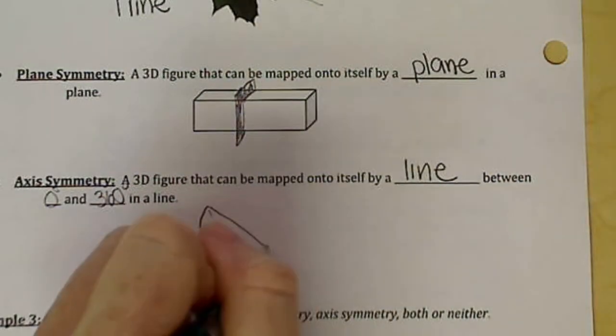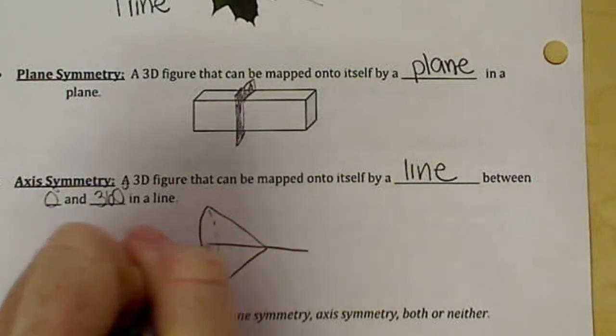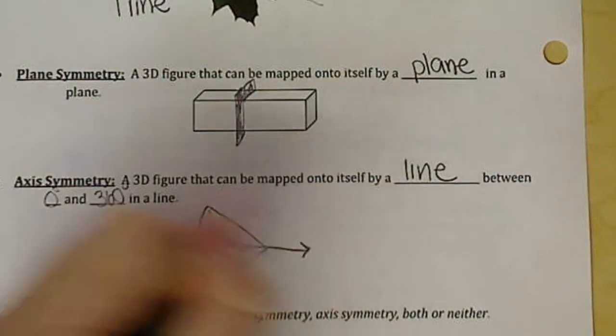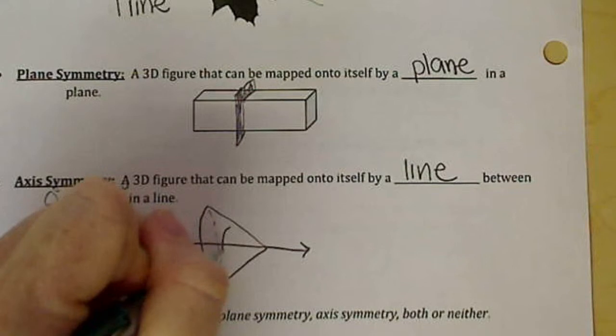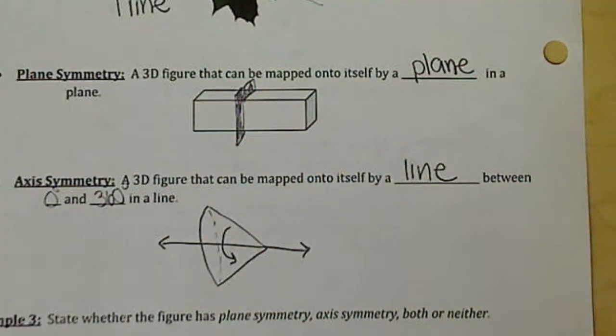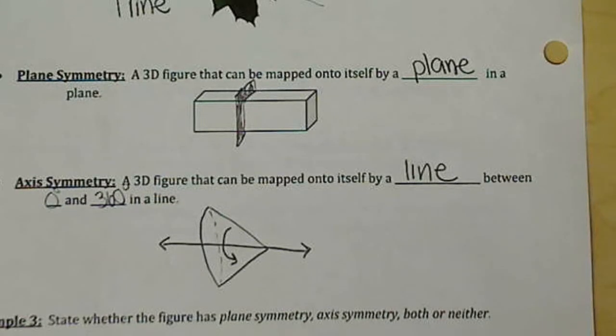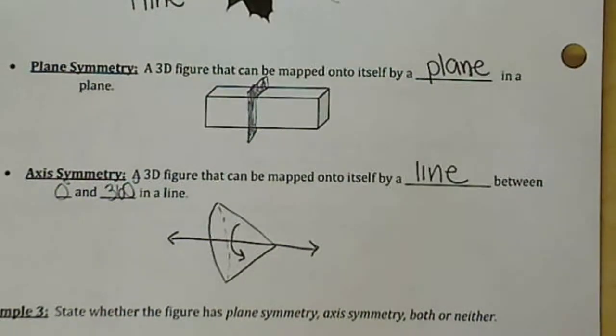If I took a line and put it through the middle, and I rotated it, it would look the same no matter how I rotated it. That's rotational symmetry on a 3D figure, which we call axis symmetry.